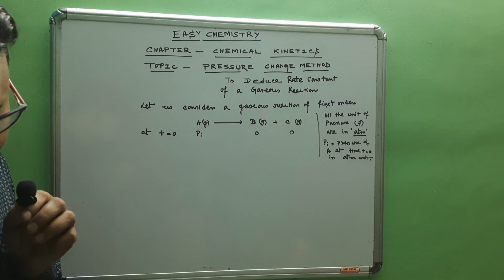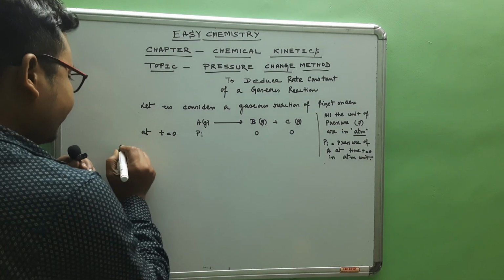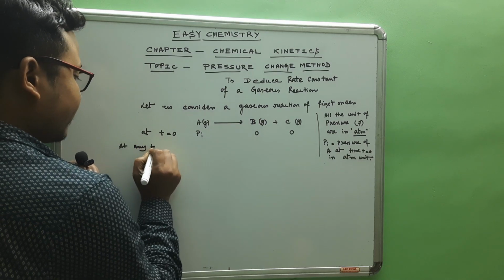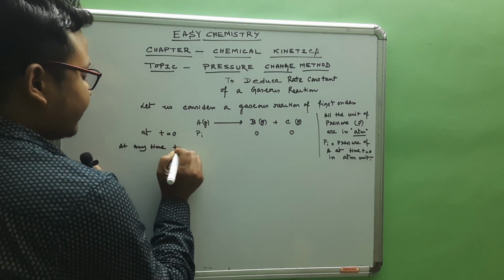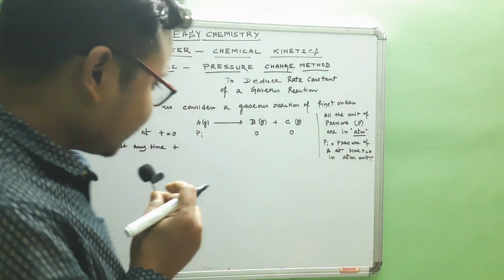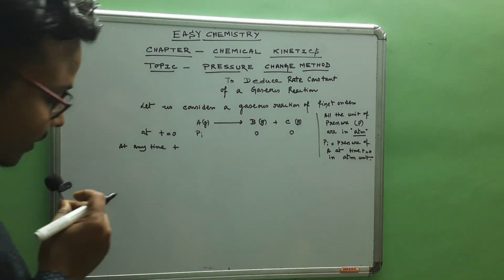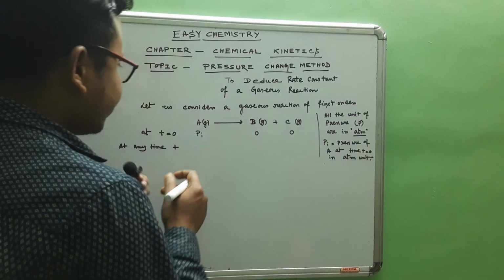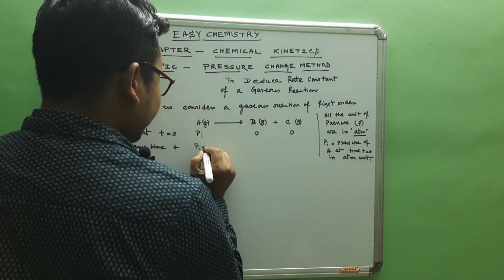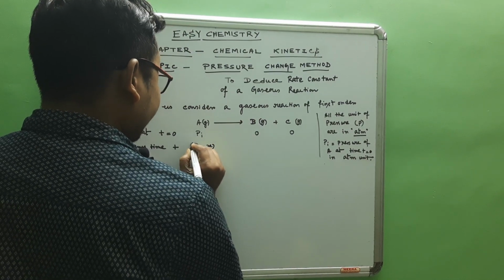Okay, so at any intermediate time, at any time t, that means after the starting of the reaction, at any observation time t, let the pressure of A change to Pi minus x.